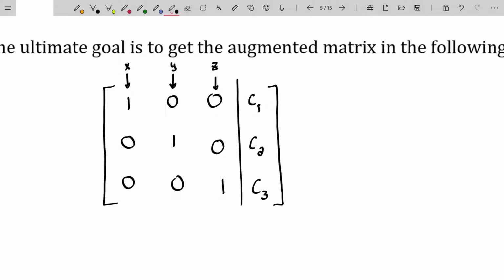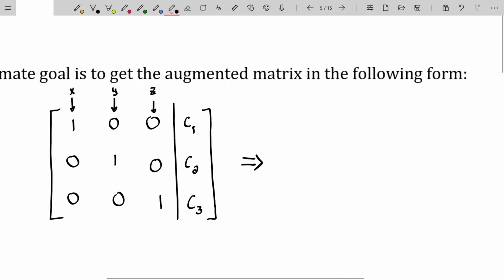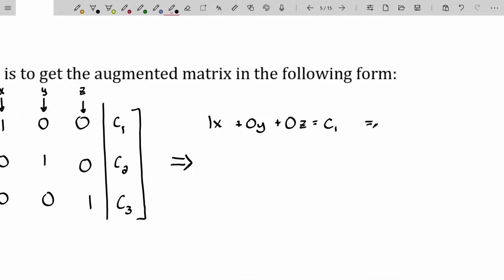And so if you were able to somehow, using some algorithm, get your augmented matrix to eventually become something like this, you could then rewrite this and say, well, okay, this tells me that I have 1x plus 0y plus 0z must equal that constant, or in other words, x is equal to c sub 1.